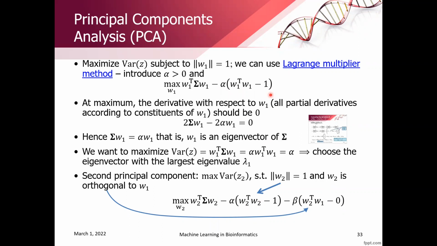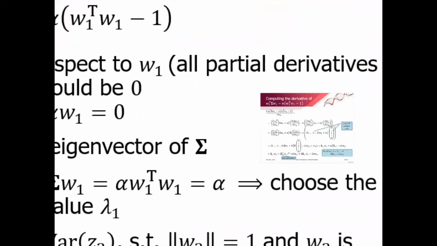The second condition is that W sub 2 should be orthogonal to W sub 1, so the dot product W sub 1 transpose times W sub 2 should be 0. And we can again use a Lagrange multiplier. So beta is some constant, and the content of this parenthesis is such that it will be 0 for the desired property, if W sub 1 and W sub 2 are orthogonal.